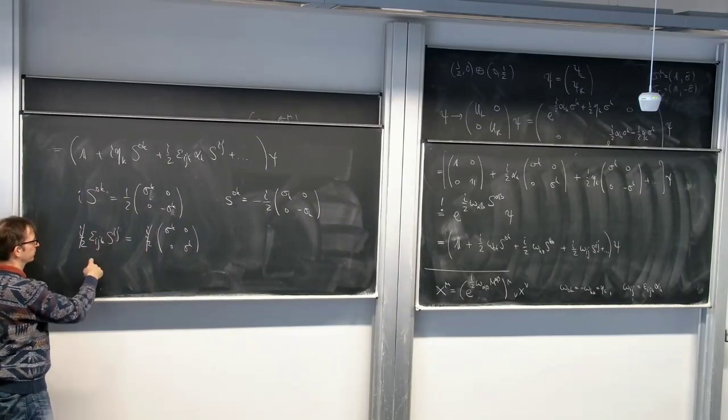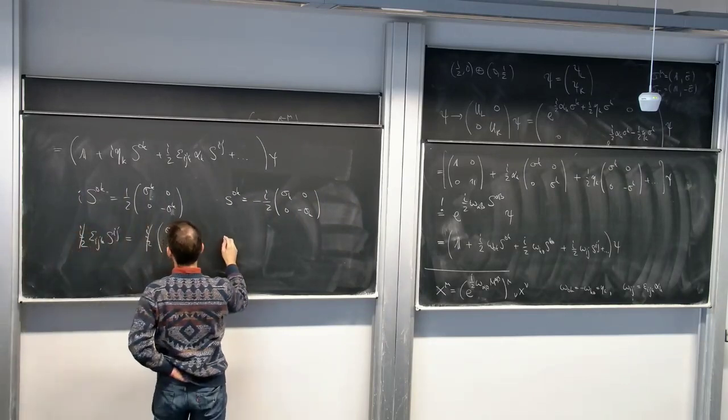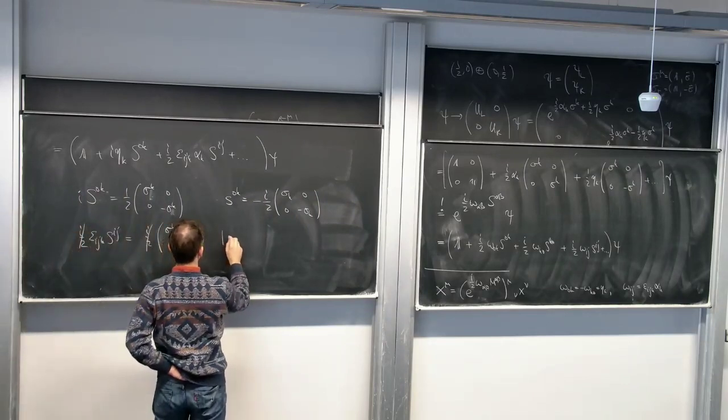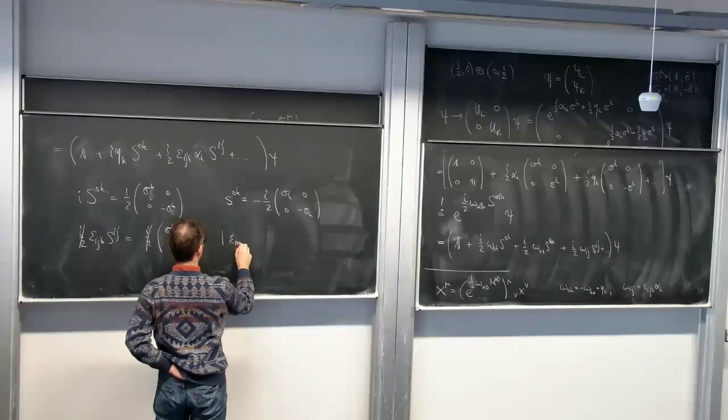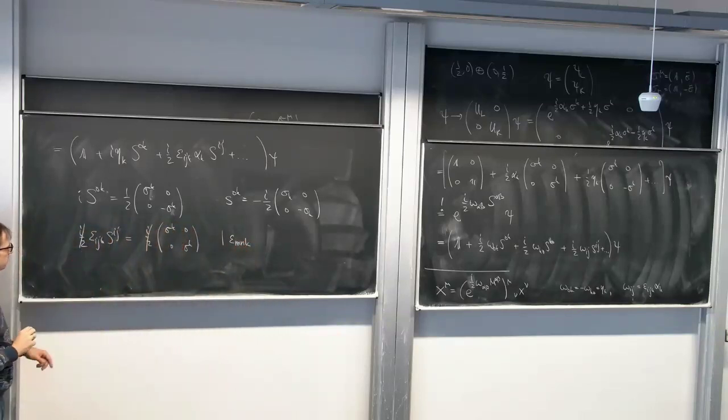I guess you know how this works, right? And multiply this by epsilon m n k and sum over k.